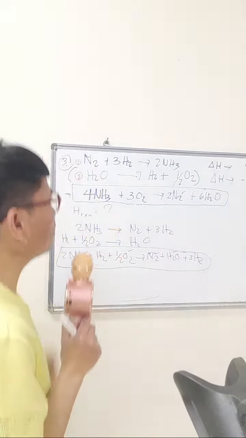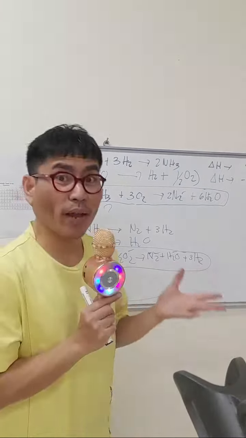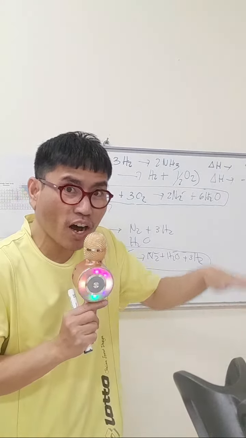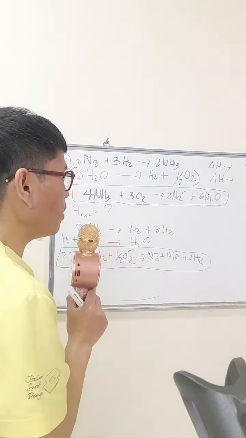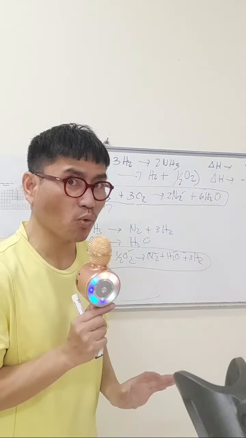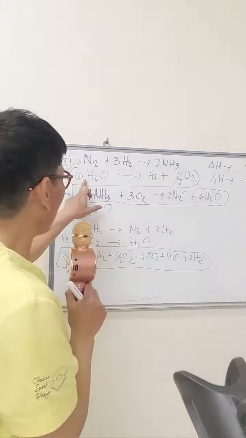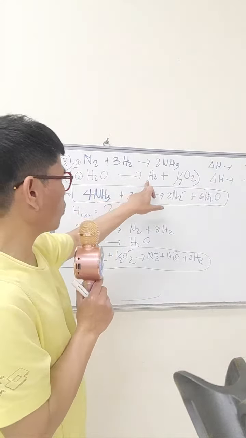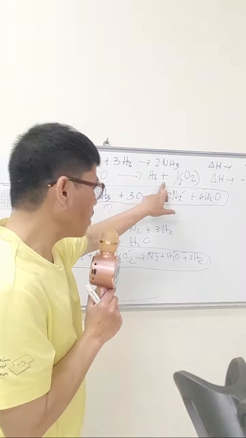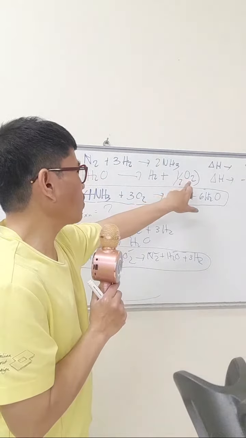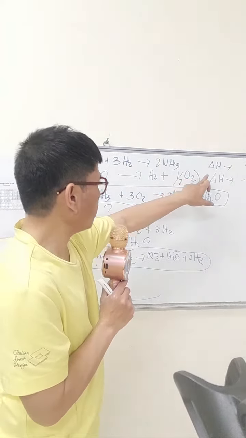Okay, go to number 6. This is the proper way, starting from the minimum, going up, until such time it will satisfy equation number 1. If you multiply by 6, then 6 moles of water is equal to 6 moles of hydrogen gas plus 3 moles of oxygen gas, because you multiply this by 6.